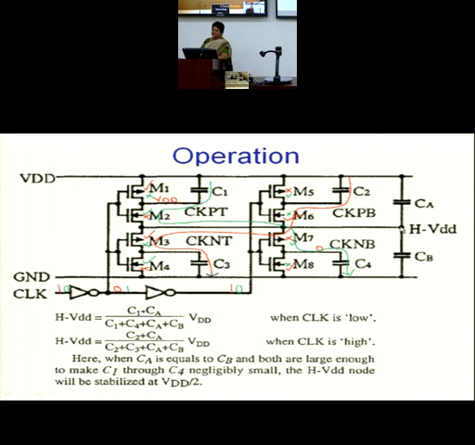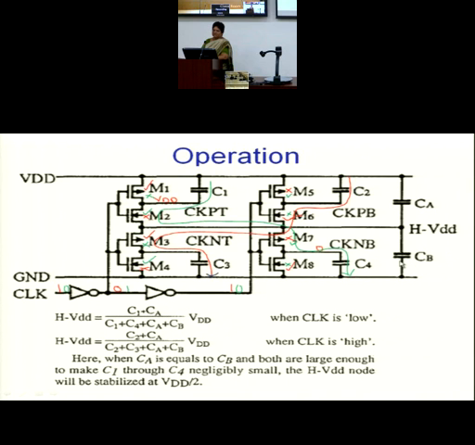Look very carefully, this is like a closed switch, as if C2 and CA come in parallel. Similarly, here, this is on, it's like a closed switch, as if C3 and CB come in parallel. So, it's forming a capacitor divider with CA plus C2 and CB plus C3.